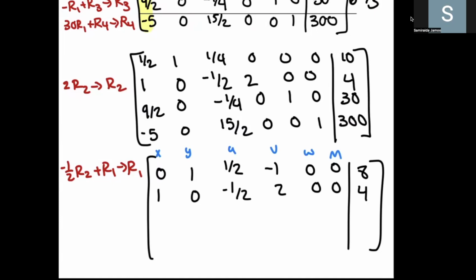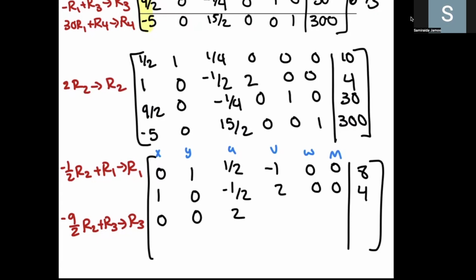Okay, multiply row 2 by negative 9 over 2, row 2 plus row 3 in row 3. All right, we have 0 here, 0 here. We have positive 9 over 4 minus 1 over 4 is 8 over 4, which reduces down to 2.